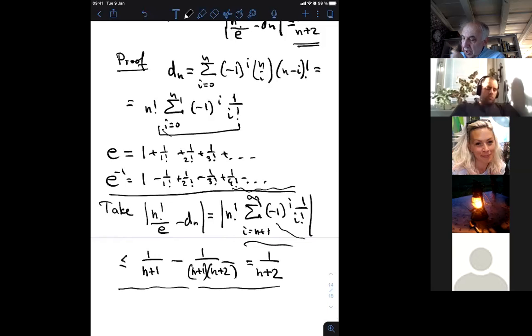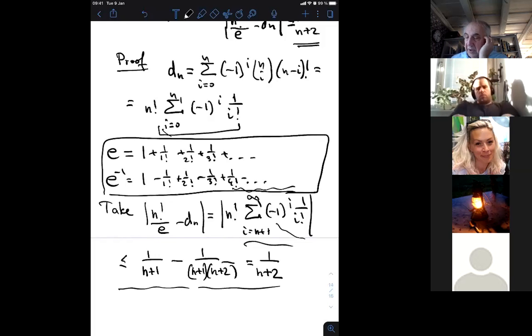So this proof requires a little bit of analysis. In particular, the basic thing is the knowledge of the series expansions for e, from which the series expansion of e inverse follows easily.